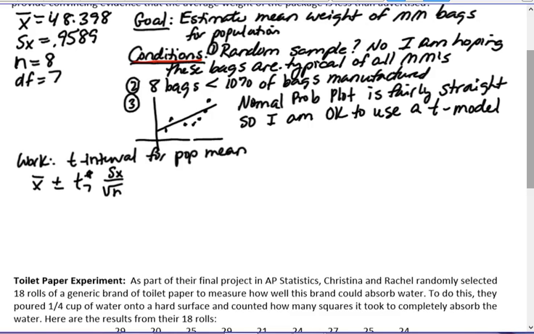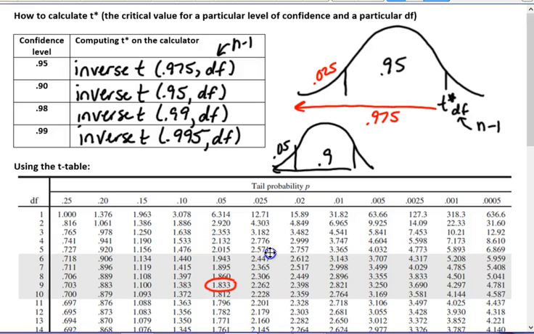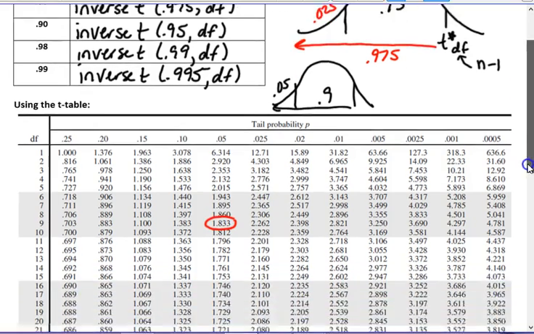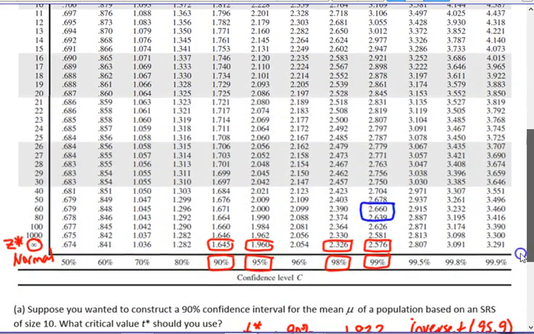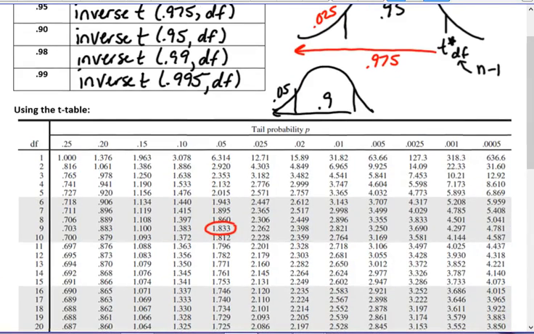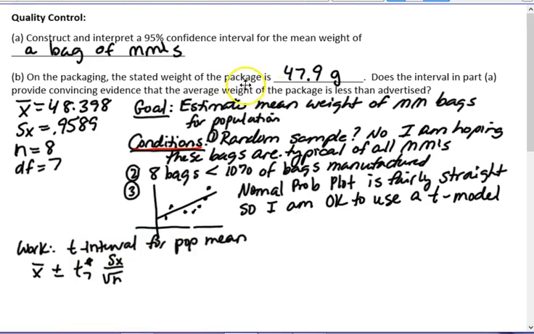So I'm going to fill in my numbers. I haven't actually found my t critical value, so I'm going to have to do that. Let's go back to my chart. I'm going to do a 95%. I forget what level of confidence I wanted on my problem here. 95% confidence.